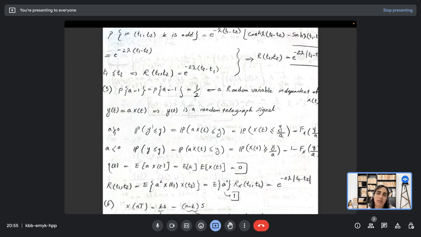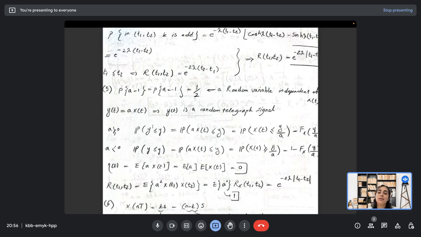So this is a random variable that is, for example, Bernoulli, and p is equal to 0.5. And we will define the random telegraph signal like this: y of t is equal to a, which is a random variable, times x of t.